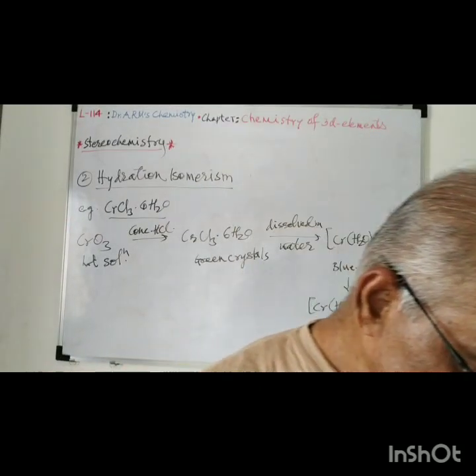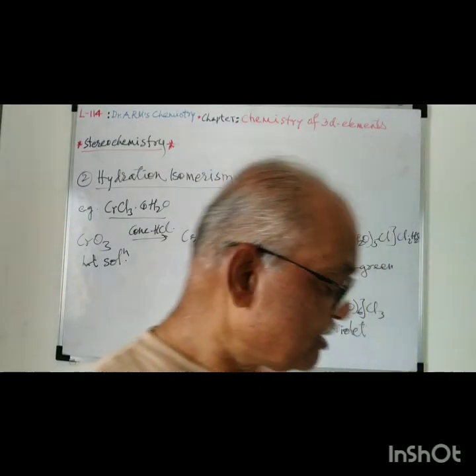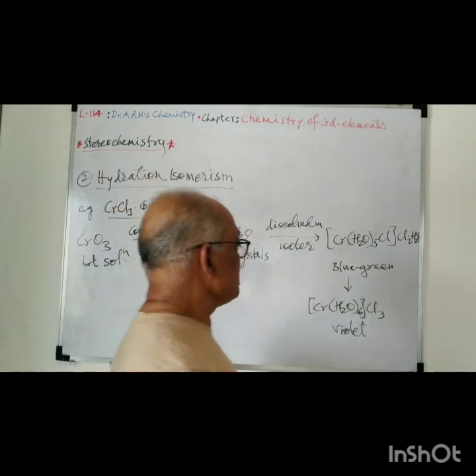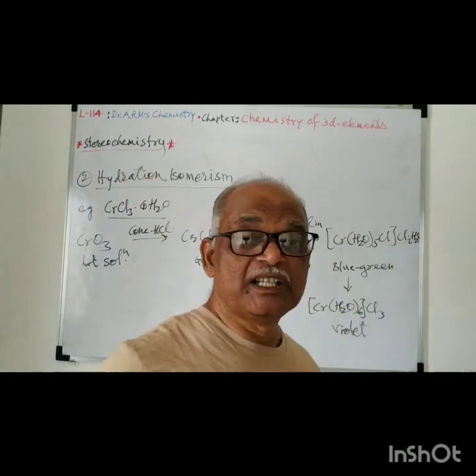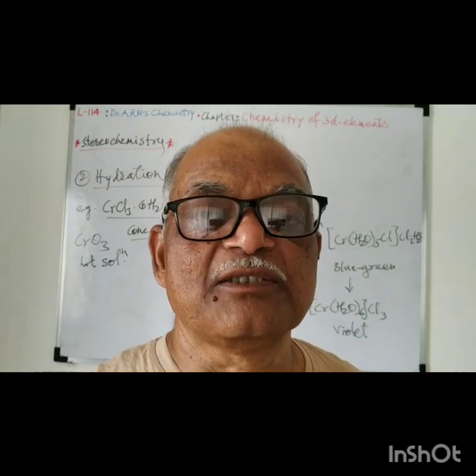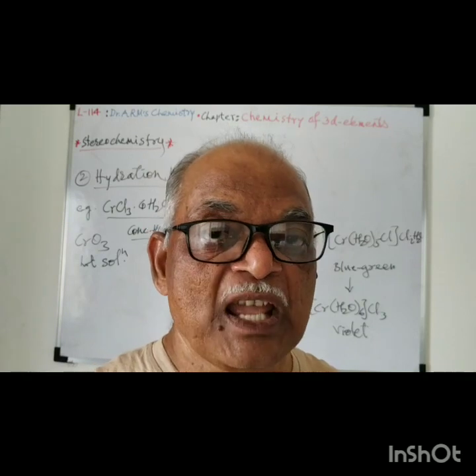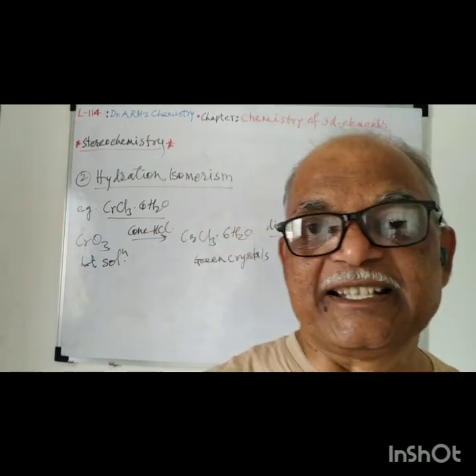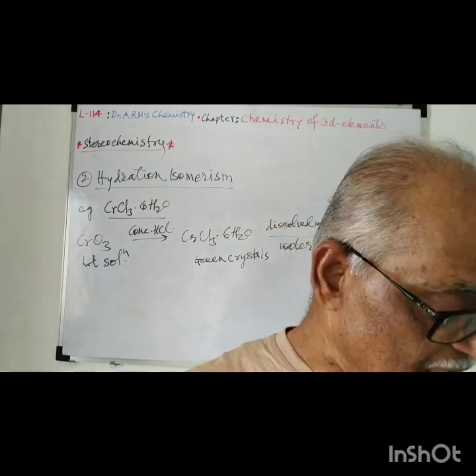We can confirm the presence of this Cl and this Cl by testing the aqueous solution of these complexes with silver nitrate solution. The presence of chloride gives a white precipitate of AgCl.